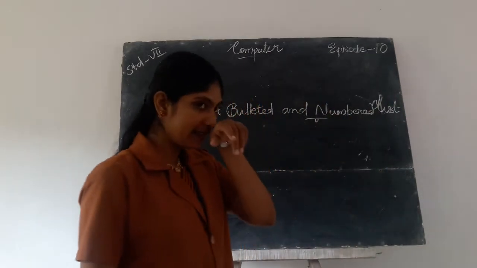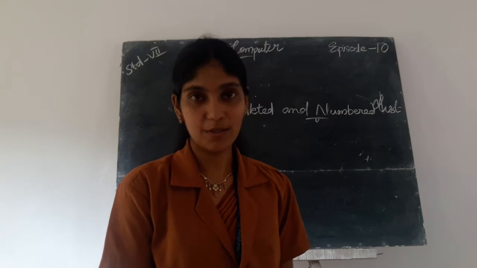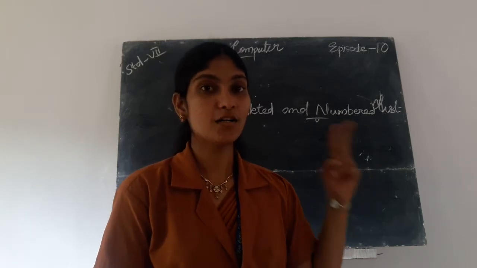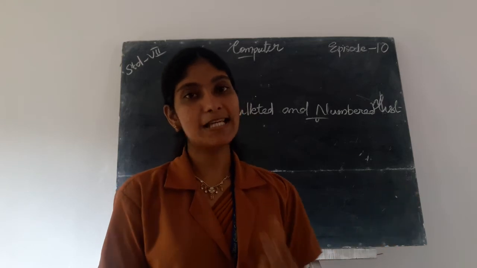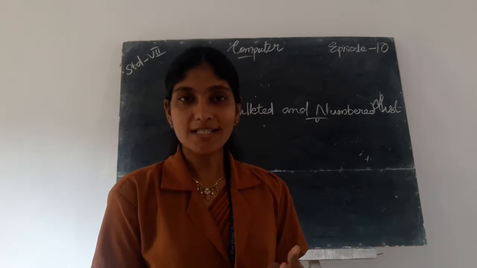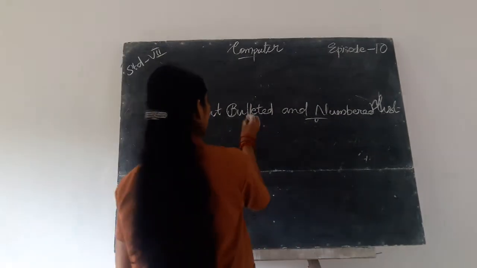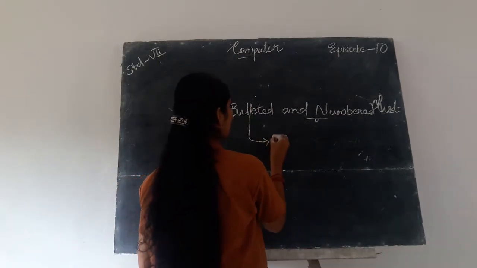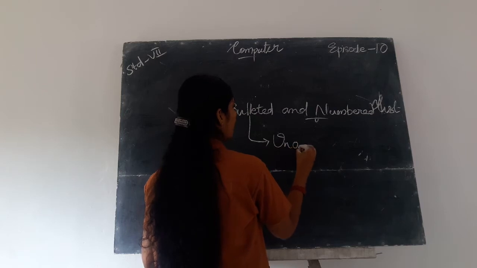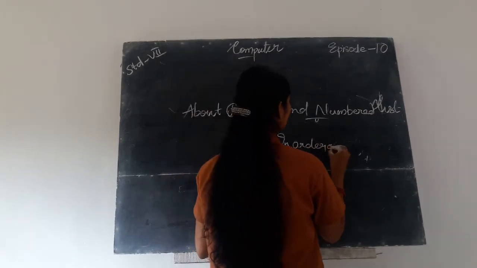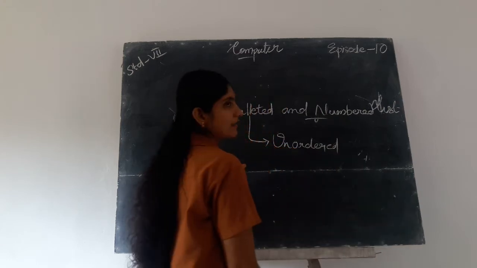So in a Word document, we know there are two types of list. They are bulleted list and numbered list. Bulleted list is also known as unordered list. That means there is no type of ordering in this list.